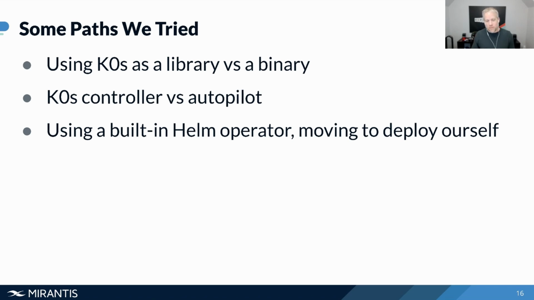The problem though is the last bit, which is knowing that there's a path off of it at some point if it doesn't work out. We don't want to leave customers with installs that can't be upgraded. And when we adopt a piece of functionality like this, we want to really dig in and understand how it works, know what it's doing. We don't have to get really in the weeds and understand every line of code necessarily.